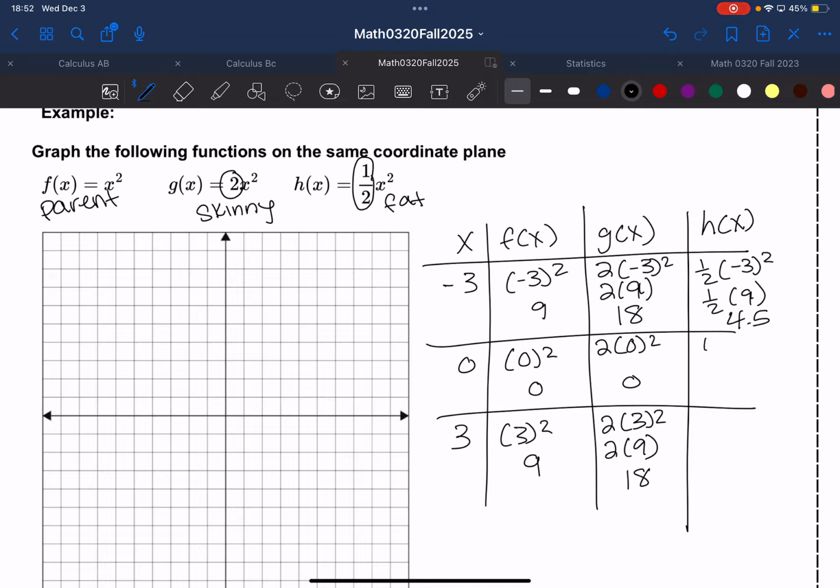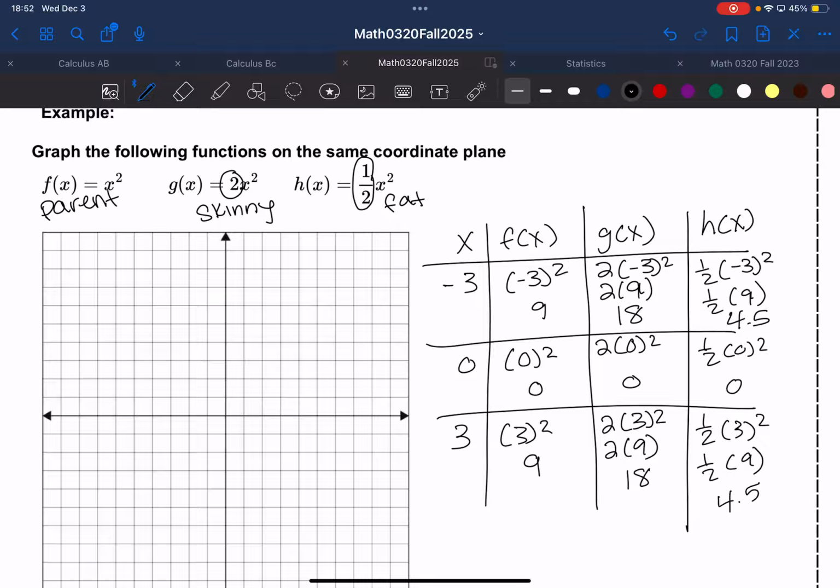And then if we do 1/2 times 0 squared, this is still 0. Anything times 0 is 0. And then 1/2 times 3 squared is 1/2 times 9, which we said was 4.5.